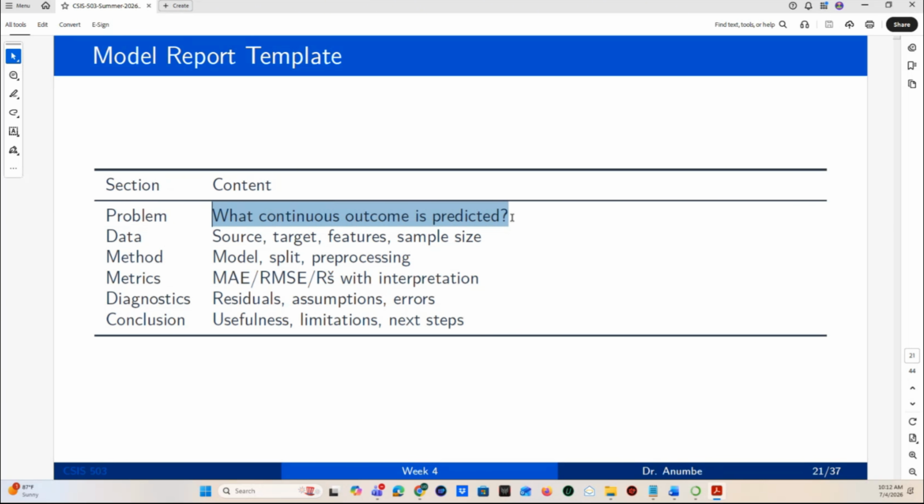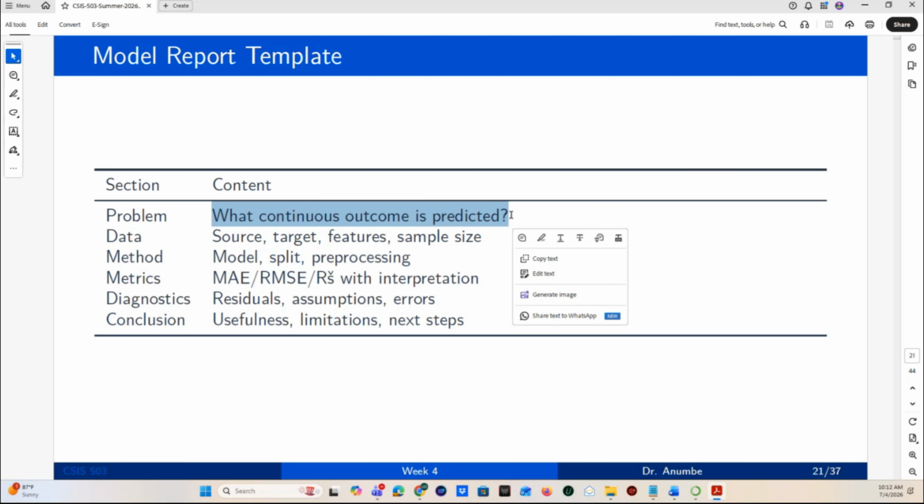Giving an example, we're talking about house prices. I want to build a model where if someone gives me the location, the size of the house, the age of the house, and all of those things, once I go into my system, I can actually predict the price.